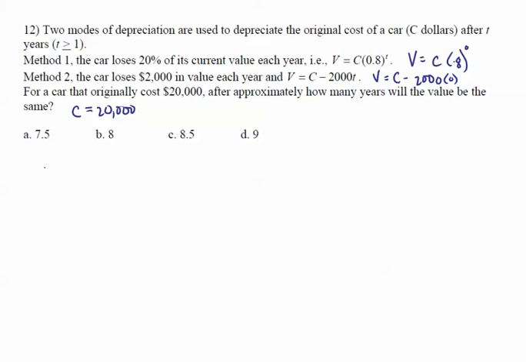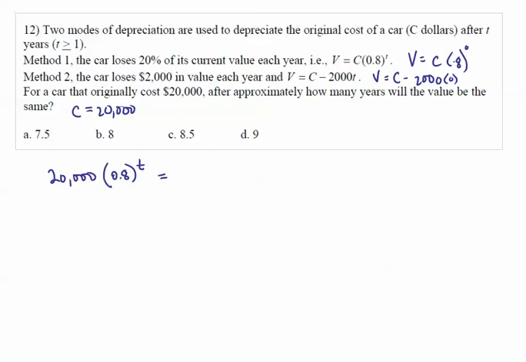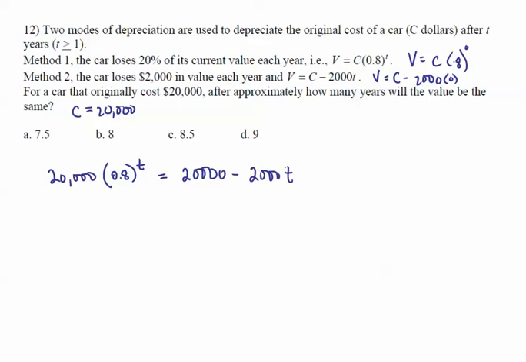To do that, we simply have two equations here. 20,000 times 0.8 to the T power has to equal 20,000 minus 2,000 T. So to do this, we're going to bring in the graphing calculator and set up the two different equations using x instead of t.